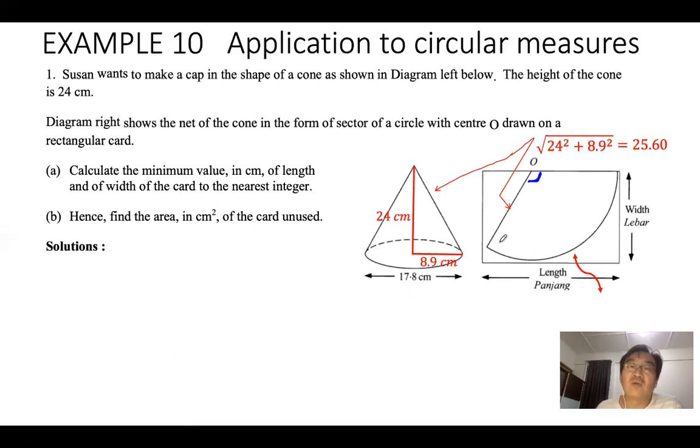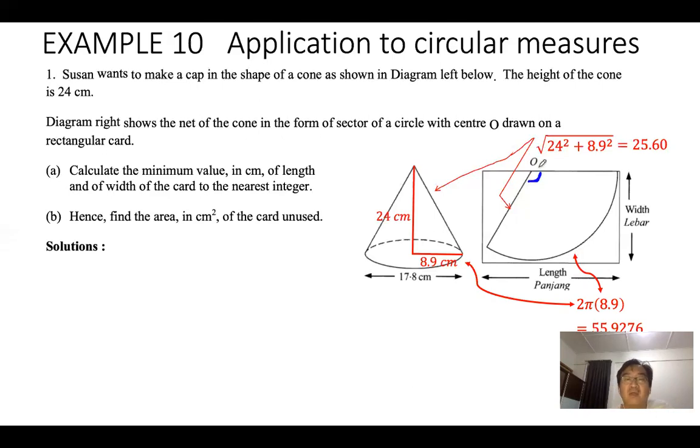If you don't know why, you can make your own cone, then you will notice that the circumference of the cone is actually equivalent to the length of arc here. Therefore we use 2 pi r, where r is 8.9, so you get 55.9276 centimeter, or 55.928 centimeter.